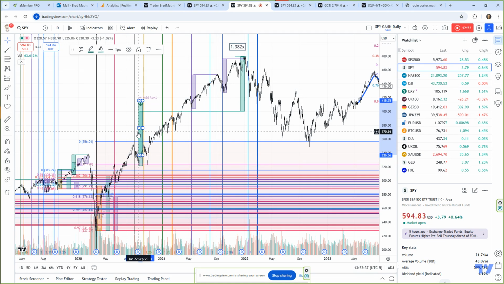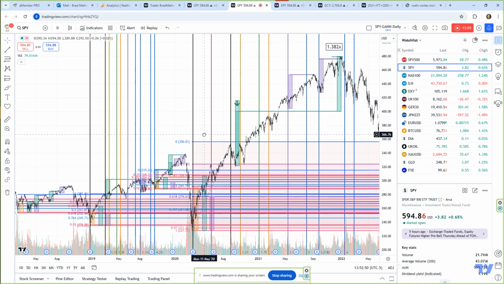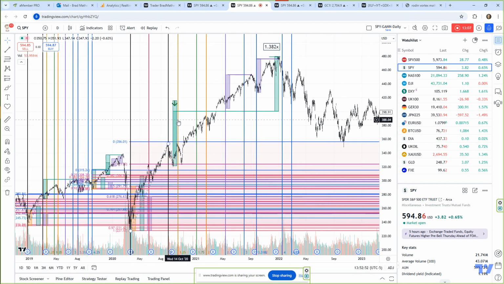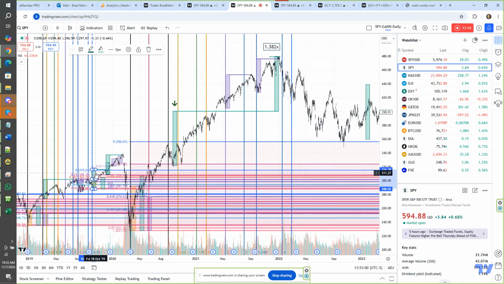and let's take a look at how we placed it. So we placed it off of the low off of the initial pullback. So we would have to come back over here and say, does this correlate to the initial pullback, or does this correlate to the initial pullback?